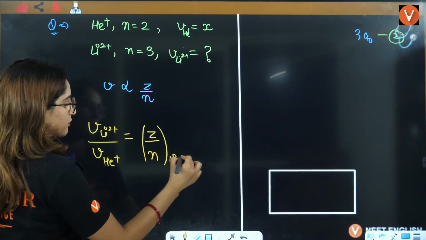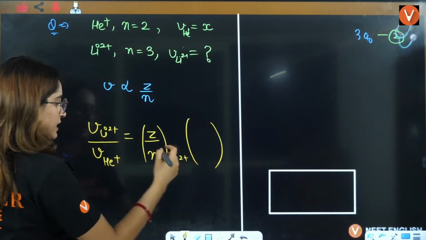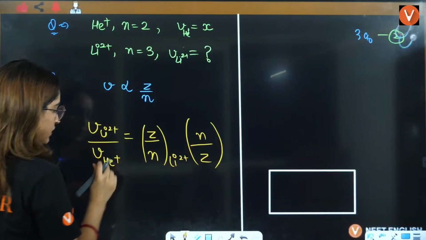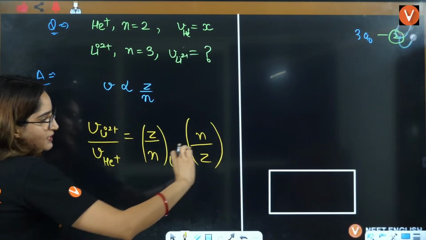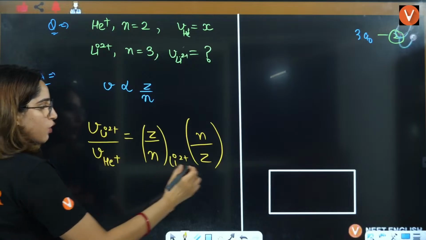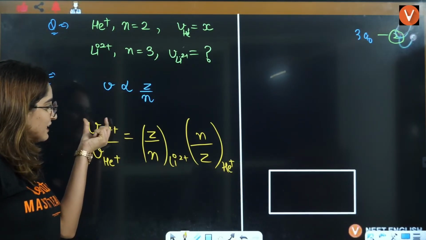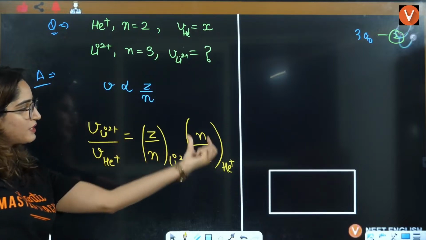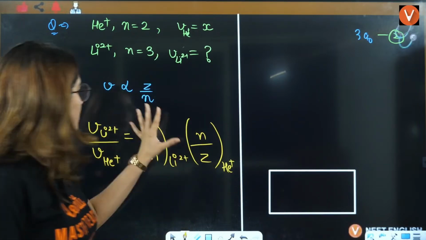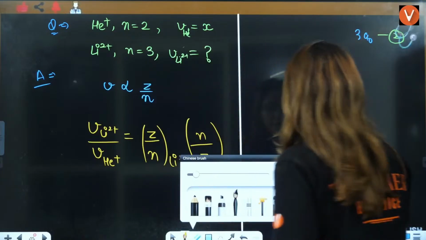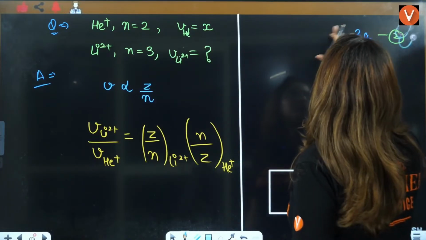So it will be lithium 2 positive. And here it will be Z by n inversely. So here it will be Z, inverse will be n of helium. Right? For lithium, it is directly proportional. For helium, it is directly proportional. Right? Now, if you apply this, what is the velocity here?